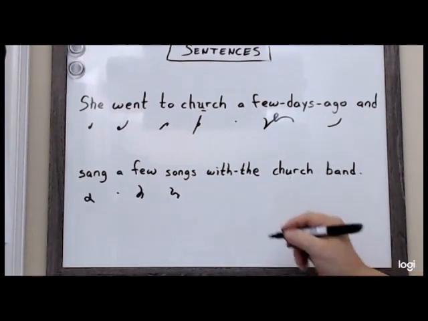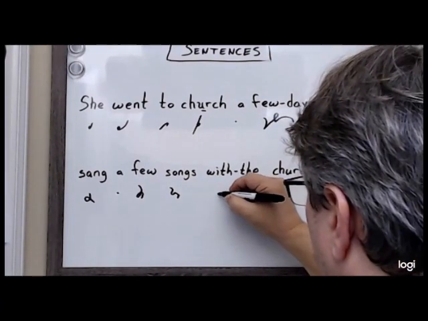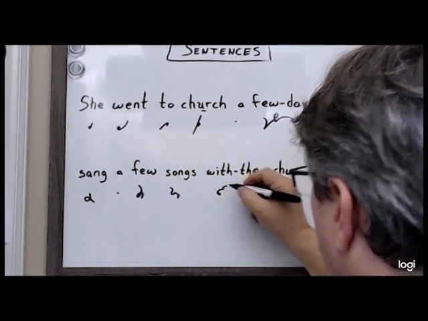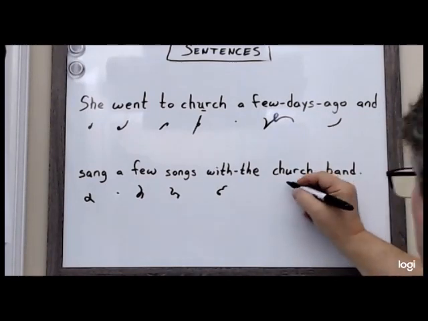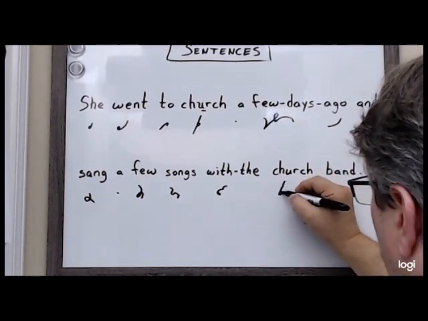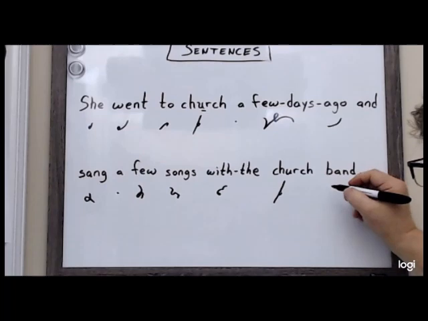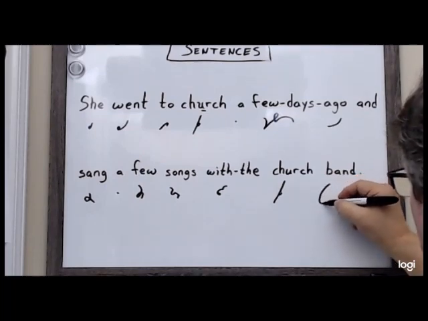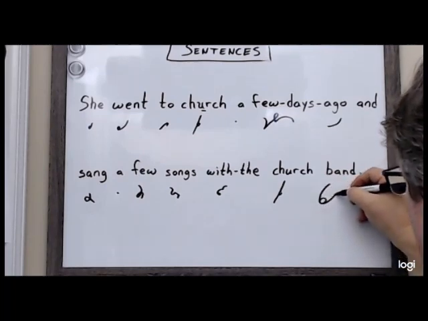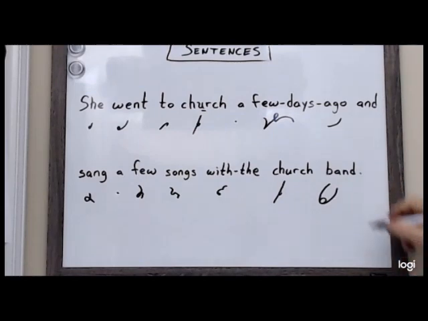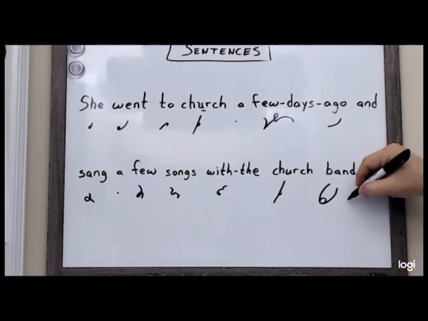With the short form is with the word church again. And then the word band is BA and the ND stroke. And then this downward stroke represents the period.